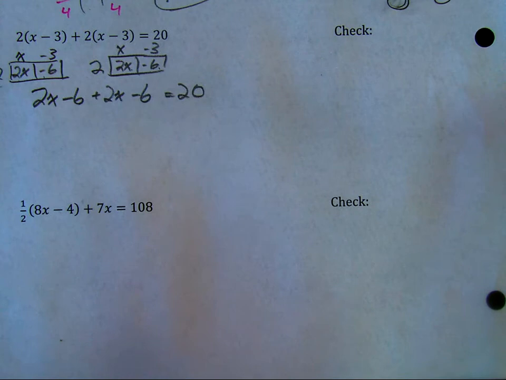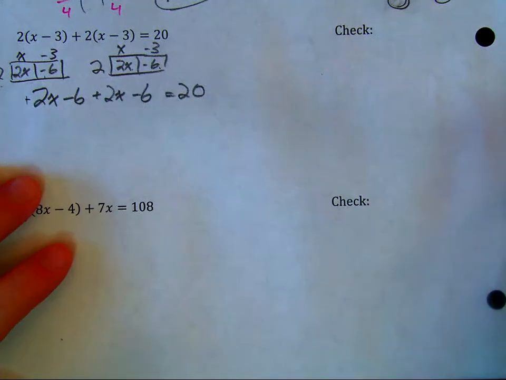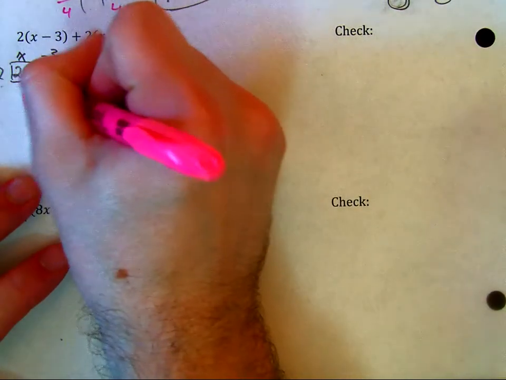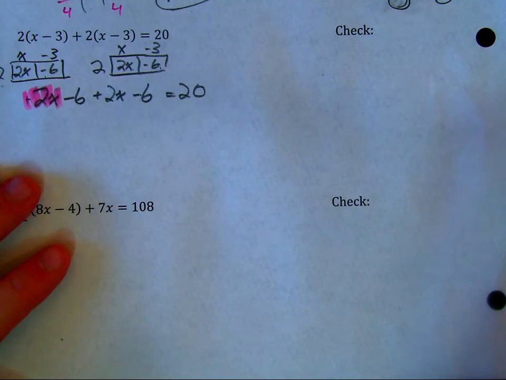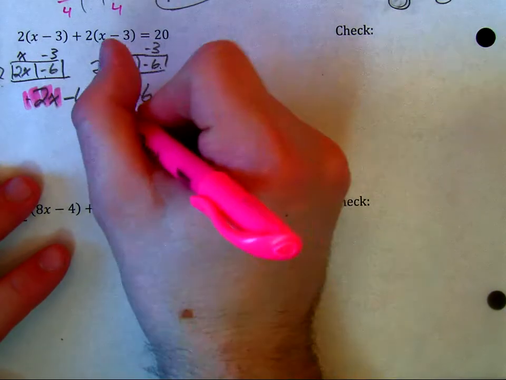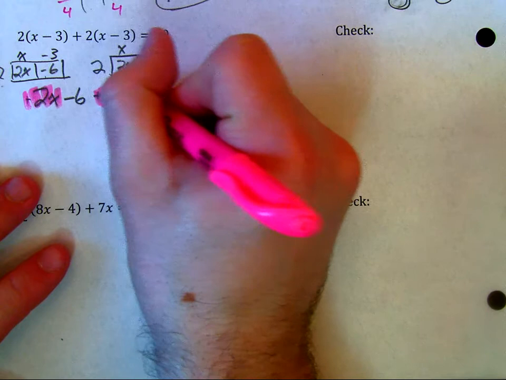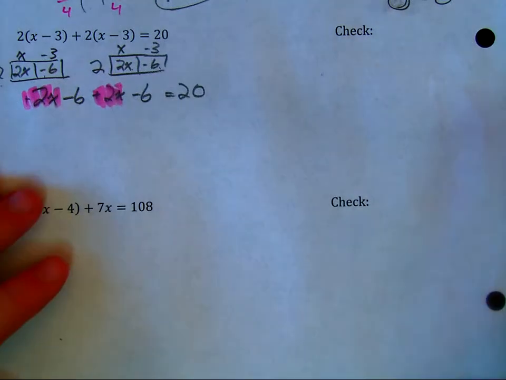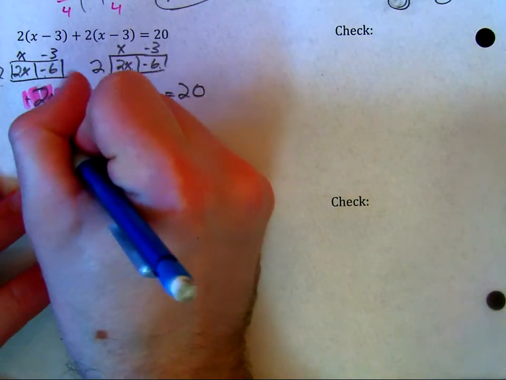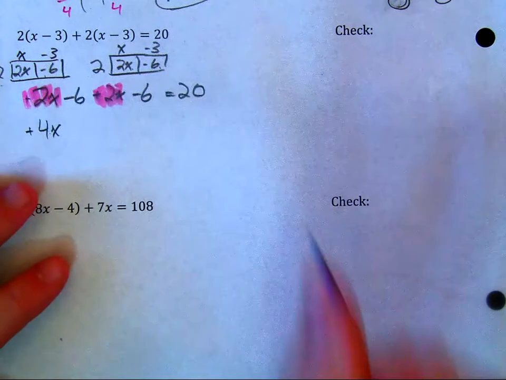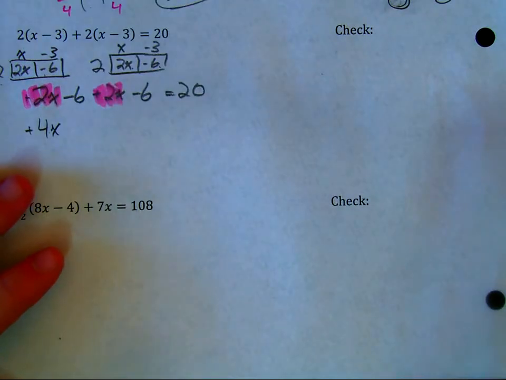Okay, so I have a 2x. So let me highlight that. So I have a 2x. And what else do I have? Another 2x. And so what would be 2x plus 2x? That sounds reasonable enough to me. So I have a 4x. Are there any constants that I can combine together?